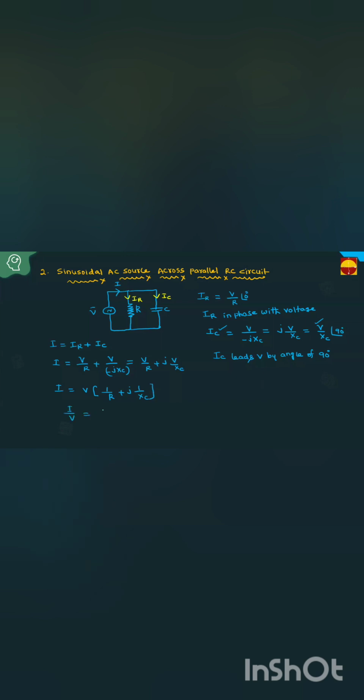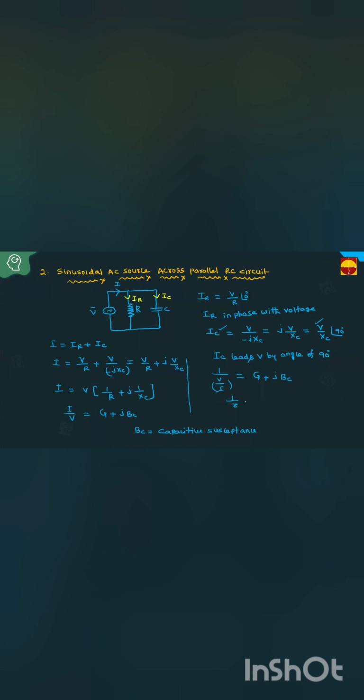I by V equals 1 by R, which is conductance, plus j into 1 by XC, which is capacitive susceptance.